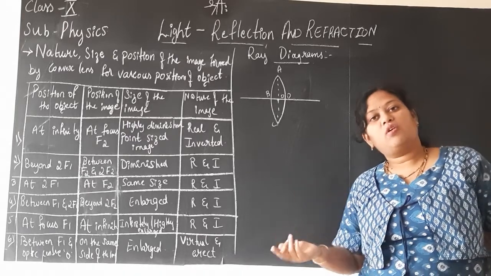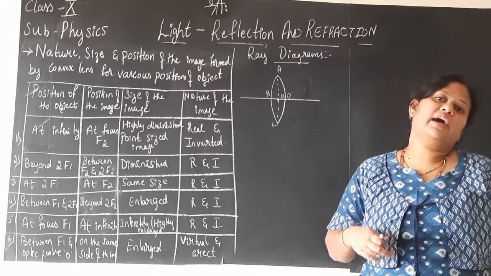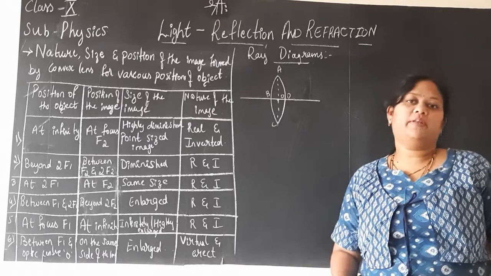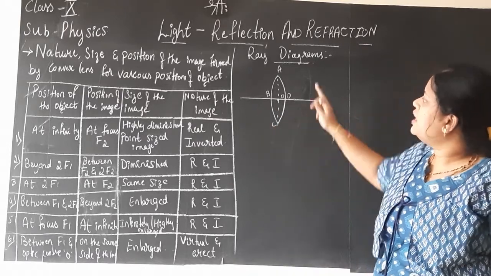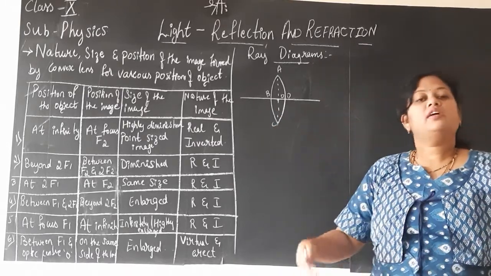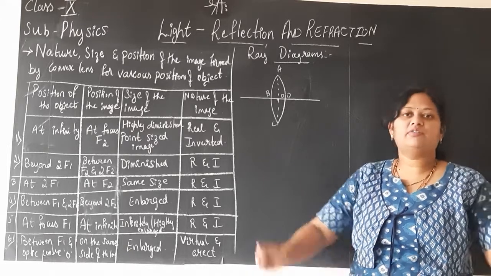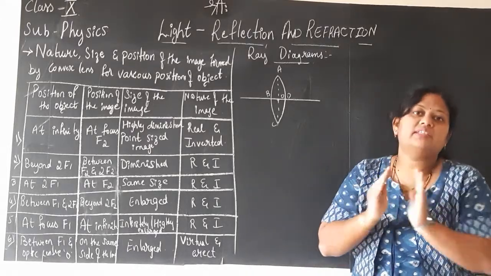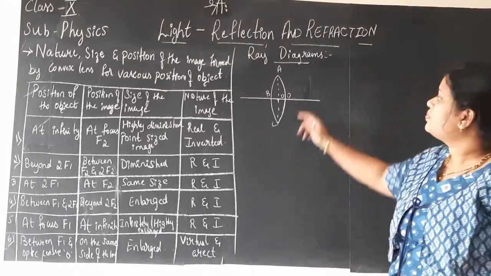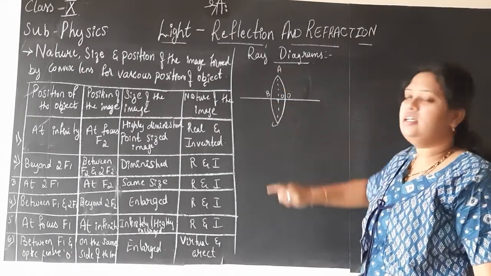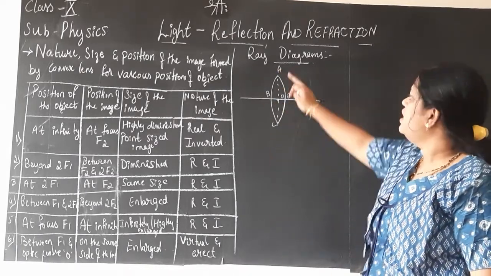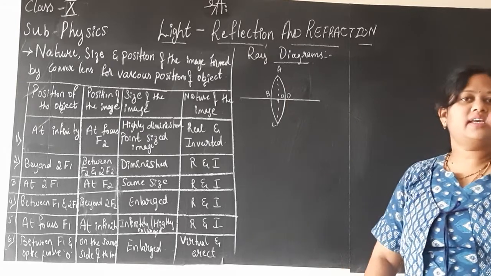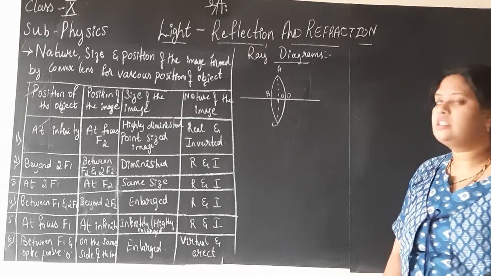Plano-convex or plano-concave lens, if you consider, will have one surface as plane. But we are studying the ray diagrams with respect to the double-sided lenses, which have two refracting surfaces. So ABC is one refracting surface, and ABC is the second refracting surface.